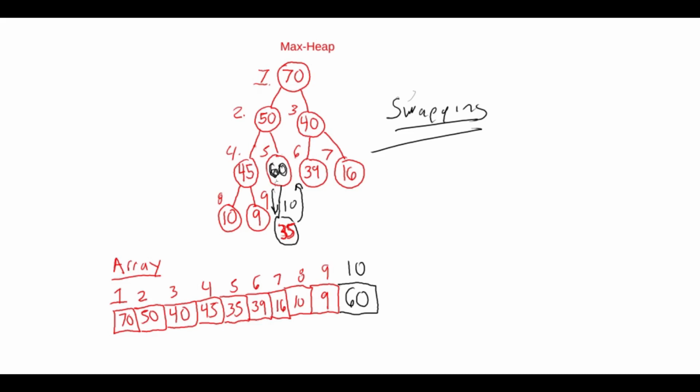But we will continue until we reach the root, or the top of the tree. So is 50 greater than 60? No. So we swap. And then we do a swap here.